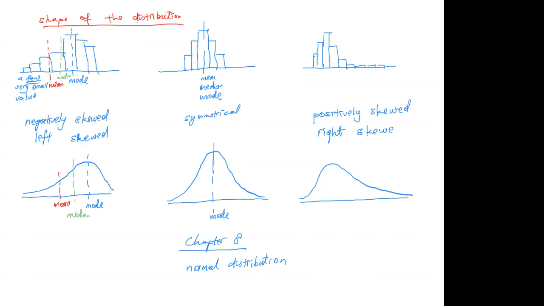One of the very good examples of a distribution with the right skew will be monthly household income.